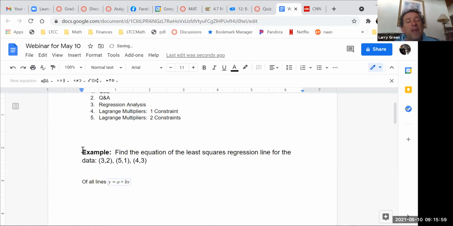There's a reason I'm writing a plus bx instead of mx plus b, and we really won't understand that for about 3 weeks. But for now, just trust me, it's better to write a plus bx than mx plus b for regression analysis. Of all lines y equals a plus bx, which line is the best fit?